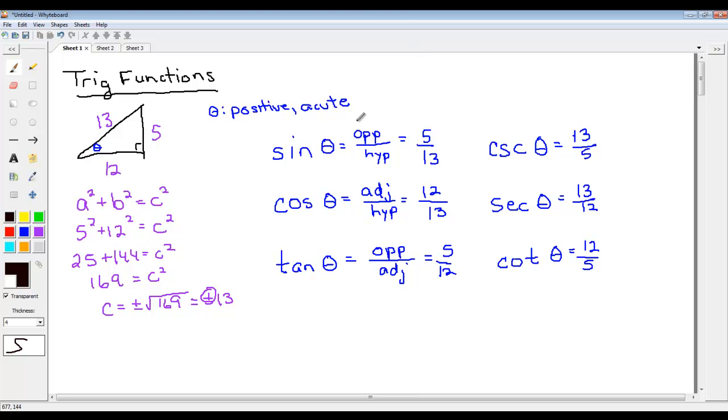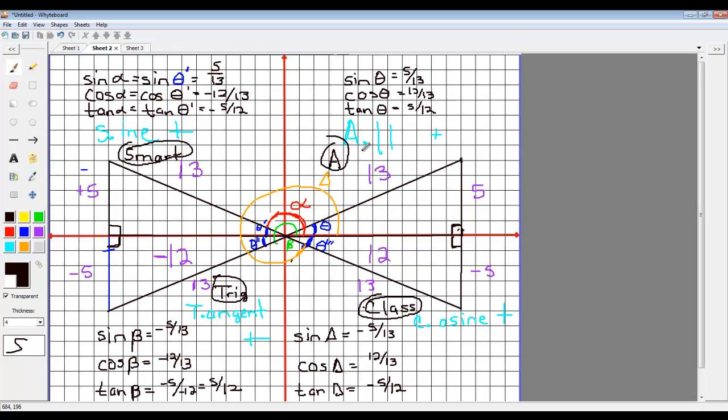Earlier I talked about sine being opposite over hypotenuse, cosine being adjacent over hypotenuse, and so forth. And then we started talking about it on coordinate grids here. Notice that when we're dealing with sine, cosine, tangent, etc., not only are we dealing with opposite over adjacent and so forth, we're also dealing with x and y values.